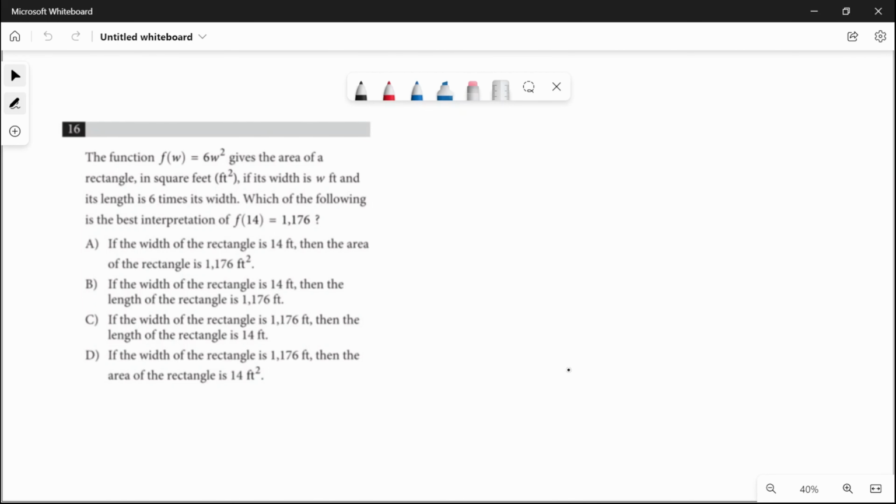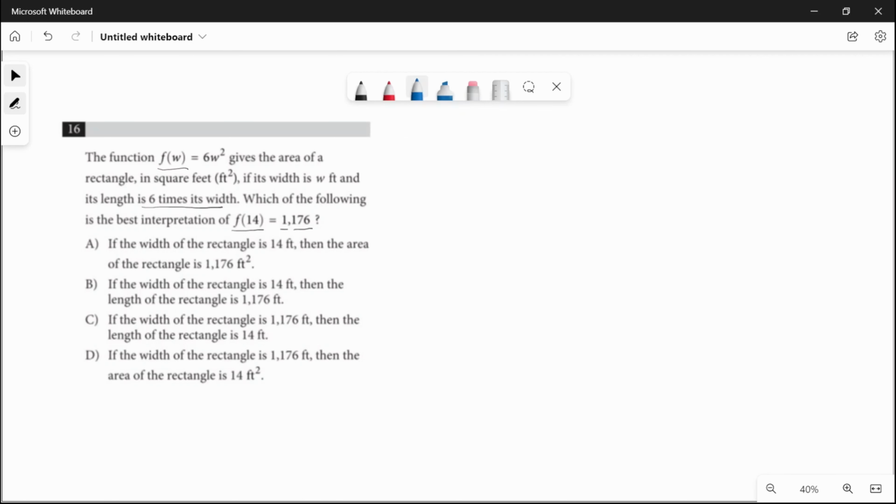Question number 16. The function f of w equals 6w to the power of 2 gives the area of a rectangle in square feet. If its width is w feet and its length is 6 times its width, which of the following is the best interpretation of f of 14 equal to 1176?